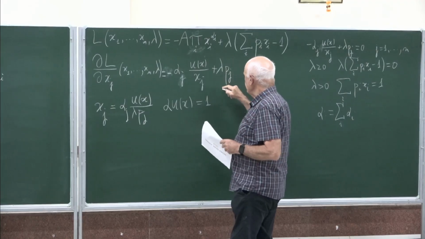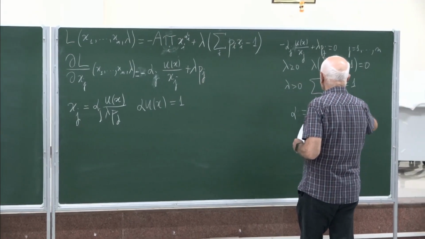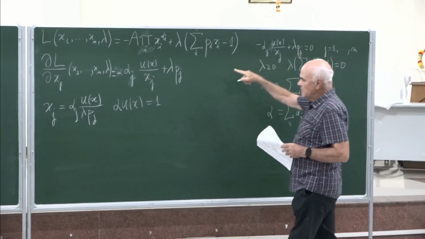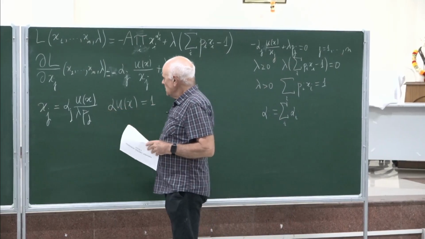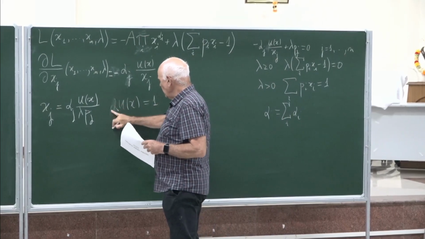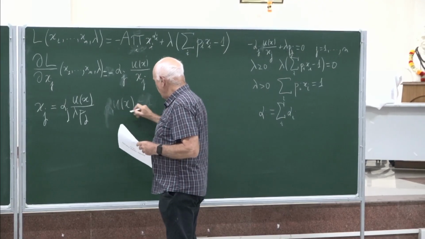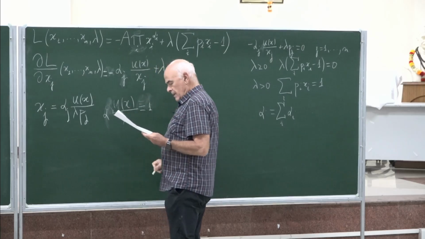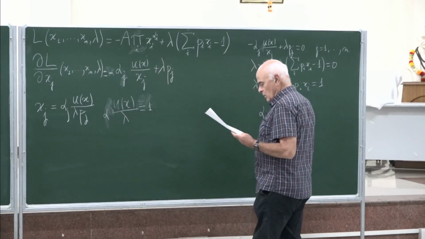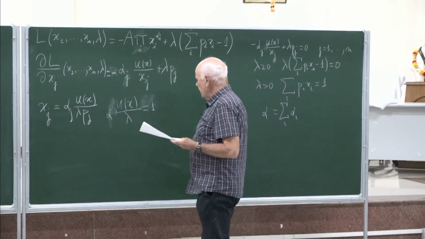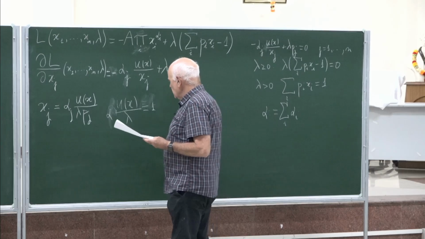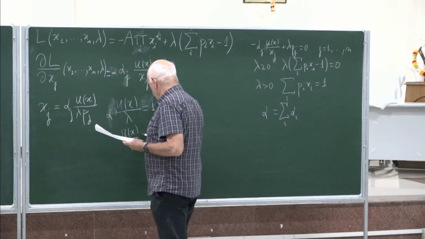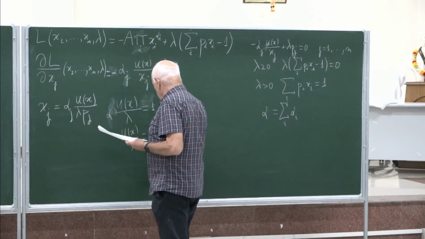When I solved this equation, I forgot to divide by lambda. So now it's alpha u of x divided by lambda is equal to 1. So u of x divided by lambda is 1 over alpha.